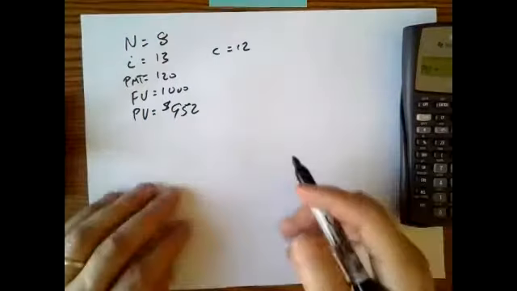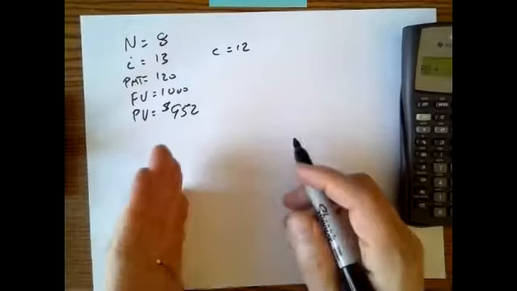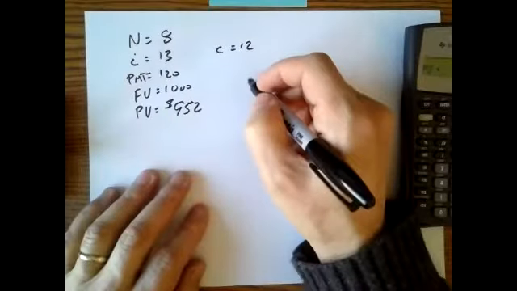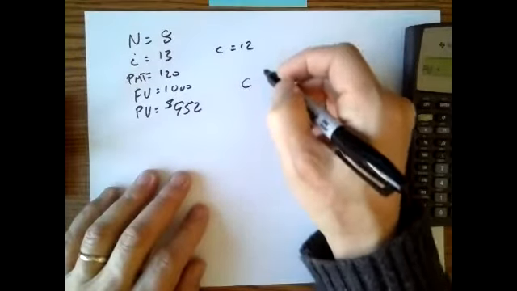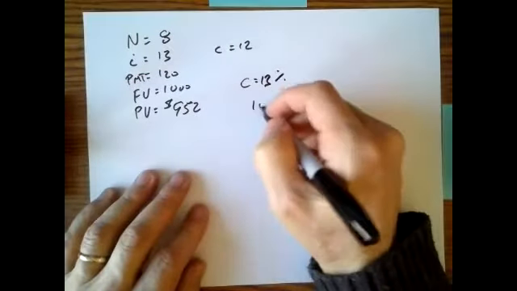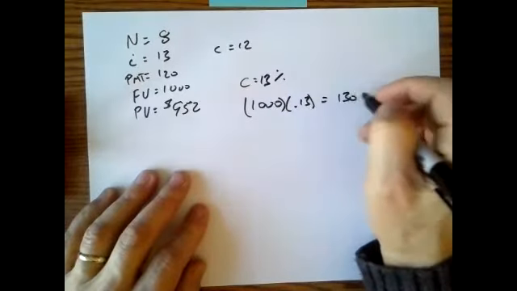Now, what's the logic? Well, new bonds issued at this point in time, at year 2, would have a coupon rate of 13%, right? So that would be $1,000 times 0.13, which is $130.